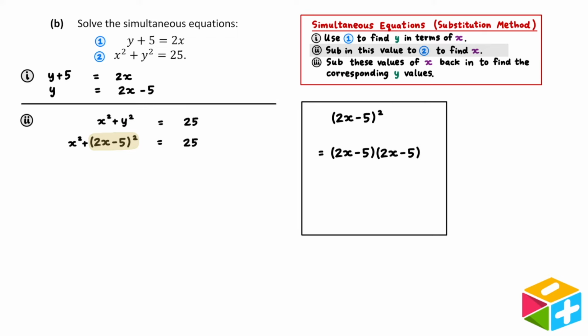Multiplying out the brackets, 2x times 2x is 4x squared. 2x times minus 5 is minus 10x. Minus 5 times 2x is minus 10x. And minus 5 times minus 5 is plus 25.